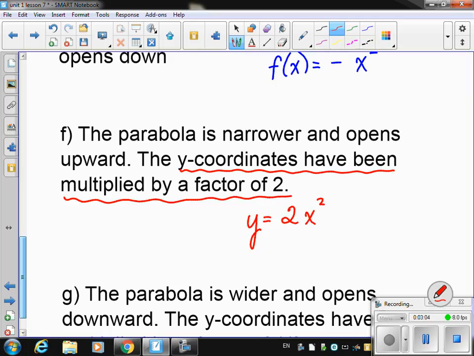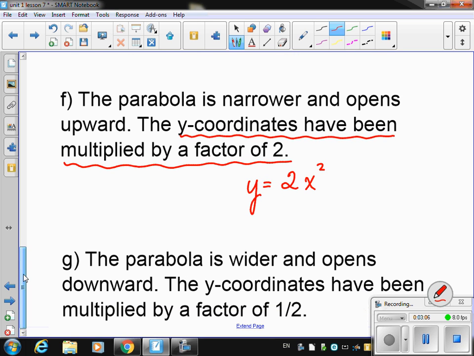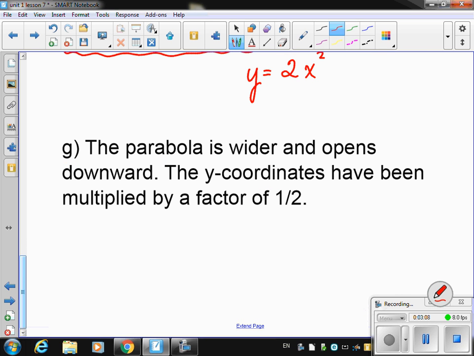The parabola is wider and opens downward. So I know 2 things. If my parabola is wider, my a value is a fraction. If it opens downward, I know my a value is negative.